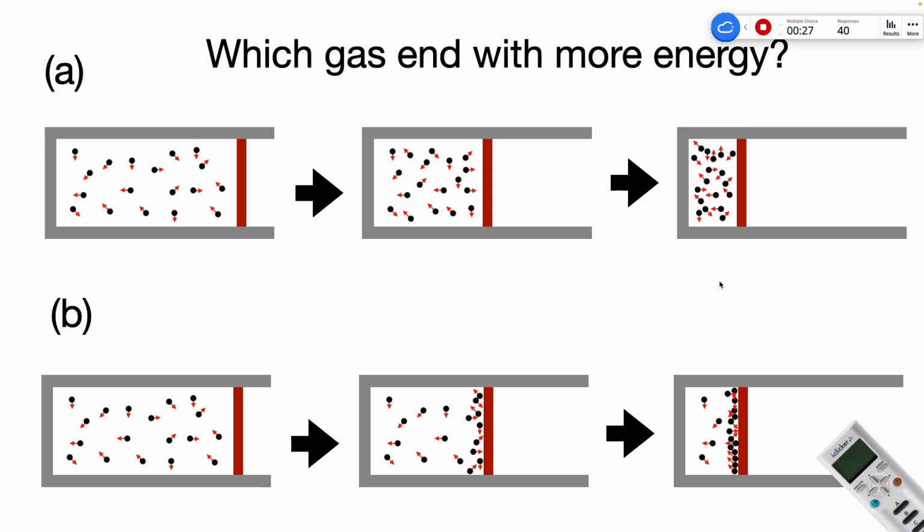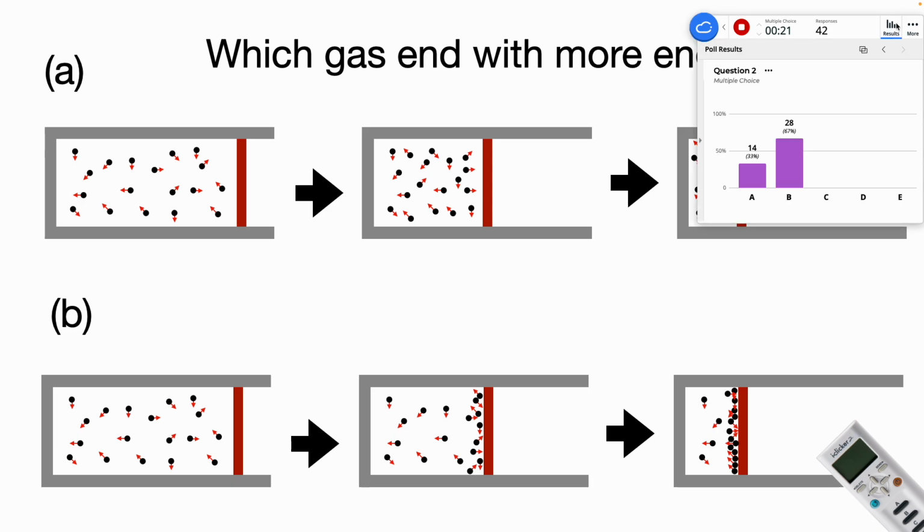You learned PV equals NkBT, so the more molecules you have, the higher the pressure. Similarly, if you have an accumulation of gas over here, a lot of gas is bouncing on the piston, and the pressure becomes higher compared to the slow pushing one. So you are pushing the piston in a way that the pressure is always higher than when slowly pushing it.